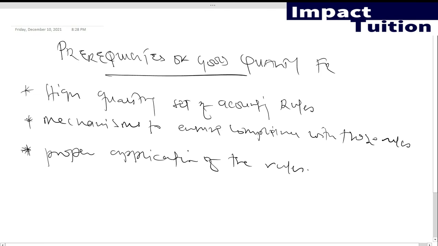So these are the prerequisites of good quality financial reporting. First, there must be a high quality set of accounting rules. Then, mechanisms to ensure compliance with those rules, and then the proper application of the rules.